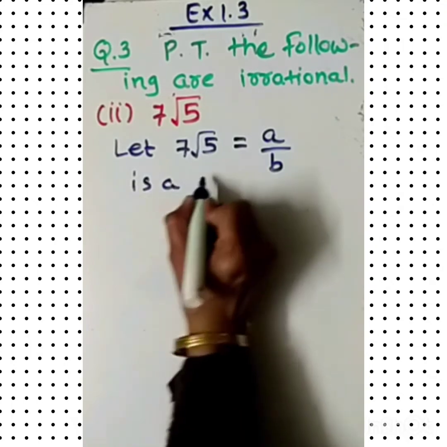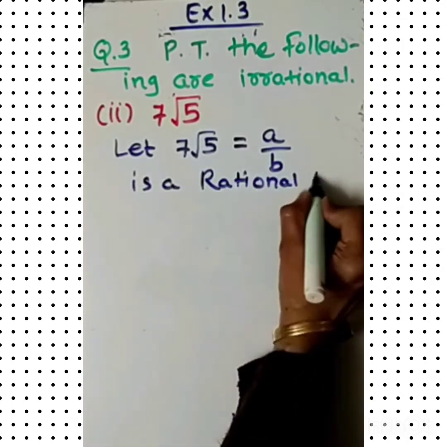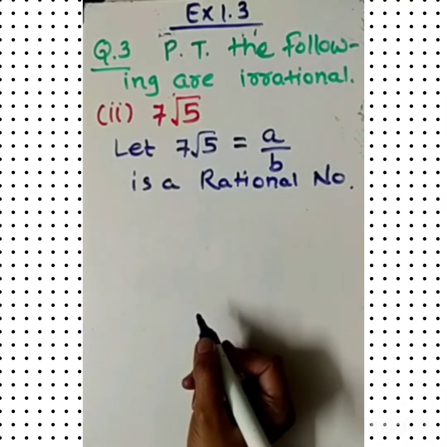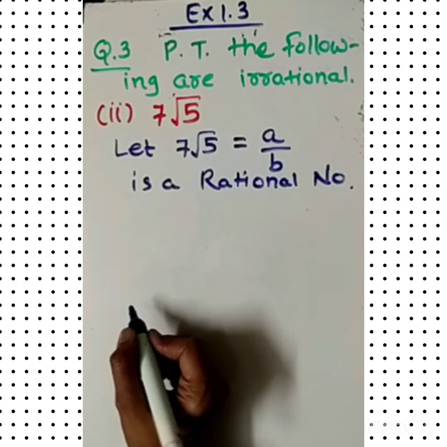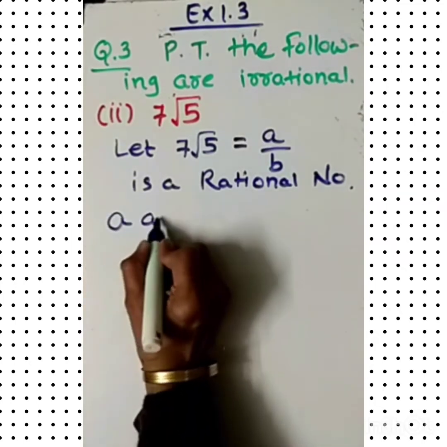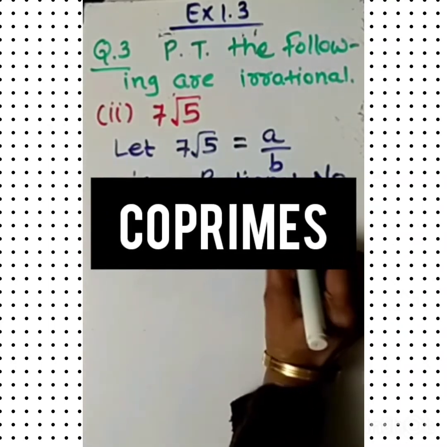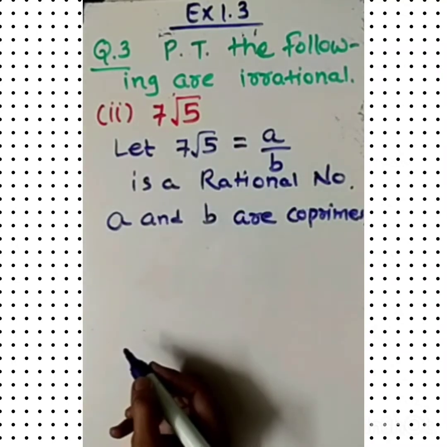You can write it in a sentence also. In the next step, we need to write here a and b are co-primes. Fine.